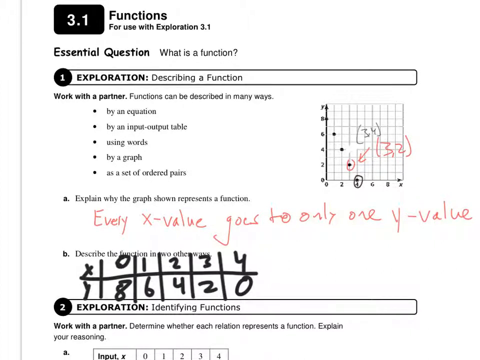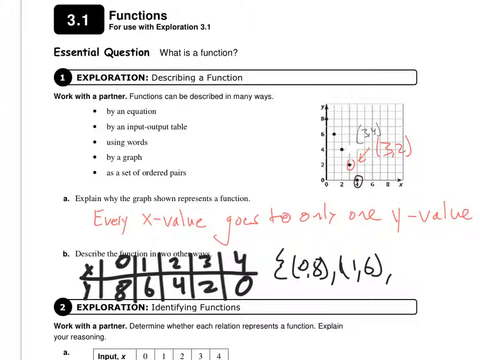We could also list them as a set of ordered pairs, and here's how we do that. We're going to make a set, and we'll use these squiggly brackets like this. These are called set brackets, and we're going to list all the ordered pairs. We've got (0, 8). Remember, the x comes first. (1, 6).